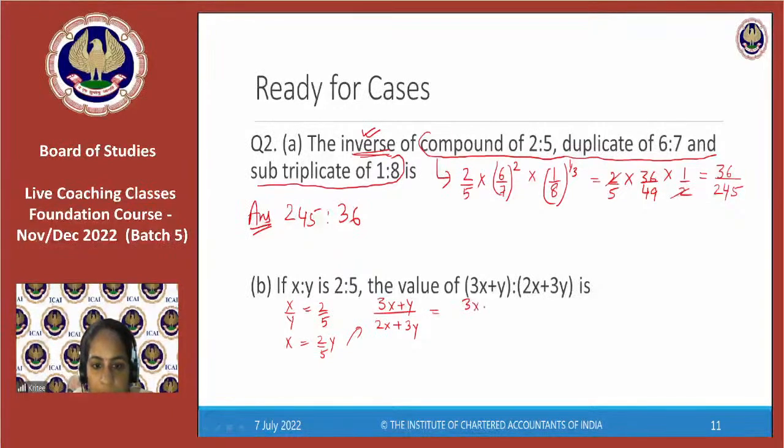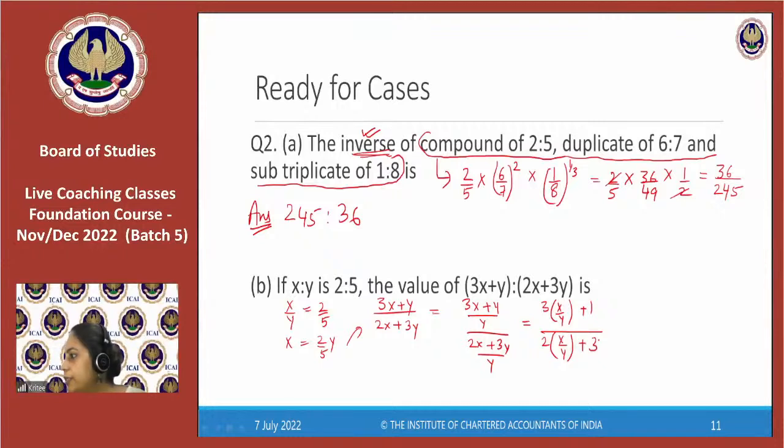I would divide numerator and denominator by y first. So this looks something like this: 3 into x by y plus 1 upon 2 into x by y plus 3. Any problem to anyone in understanding till here?